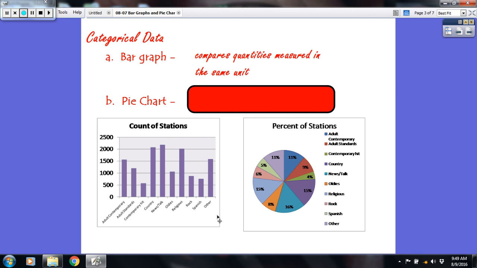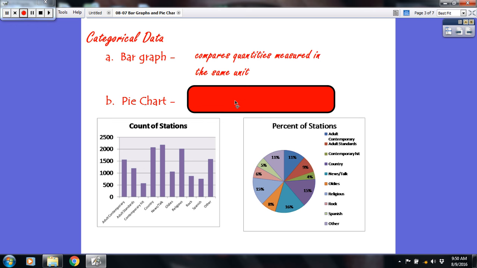The only thing that I'm going to have a problem with in terms of this bar graph is the axes aren't labeled. The name is there, but we would want to know that this axis has to do with the counts and this has to do with the genre on the x-axis here. So other than that, this is a pretty good representation visually of the data that was in that chart.